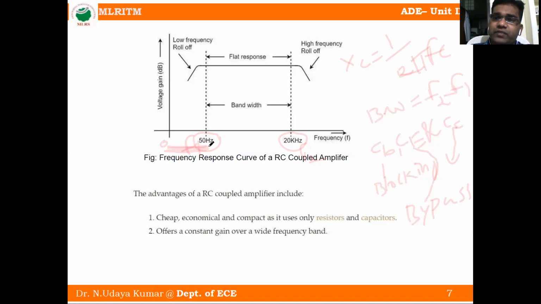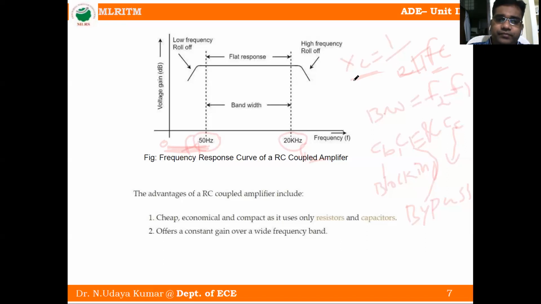Low frequency means F is very low, so the denominator is very low, so the reactance of the capacitance Xc is very high. So the gain is rolled off. At low frequency, gain is rolled off because reactance is more.